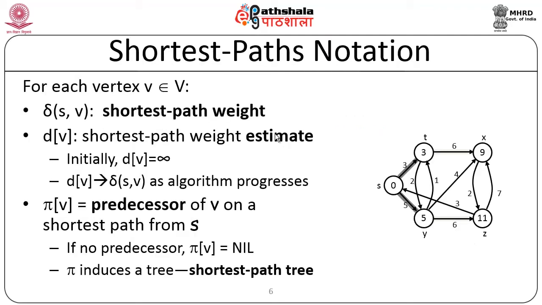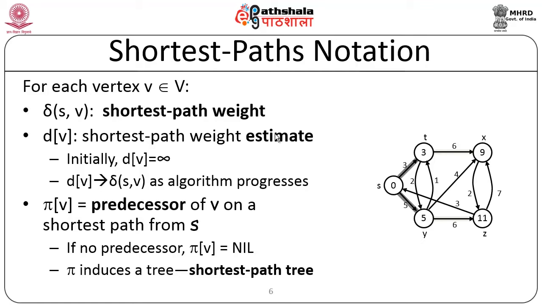Now, let us look at some notation that is used for shortest paths. First, for each vertex v, the small v is the vertex and capital V is the set of vertices. You have delta(s, v), which is the shortest path weight. This is the actual shortest path weight between the source node and any other vertex v.